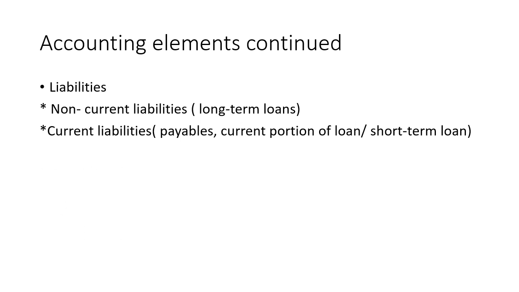The liabilities are non-current liabilities and current liabilities. Under non-current liabilities, we find the long-term loans that cannot be repaid in less than a year. And the current liabilities are the payables and the current portion of loan or the short-term loans that can be repaid in a period of less than 12 months.